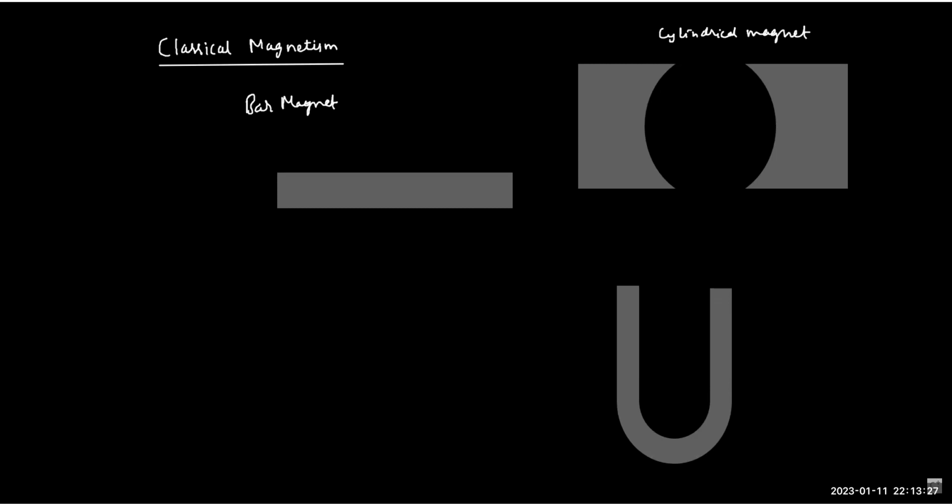So this is called the horseshoe magnet. And if I call this north, this is south. So the line joining the north and south pole is called the magnetic axis.